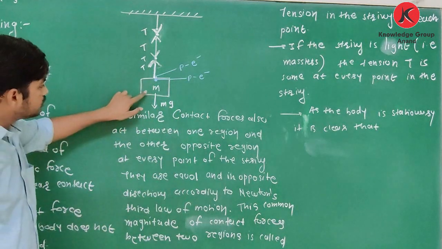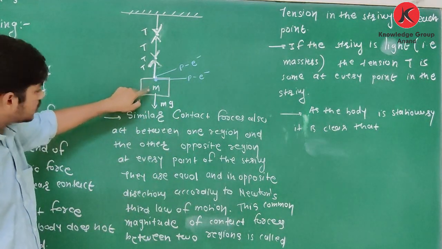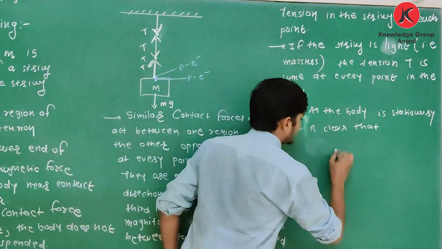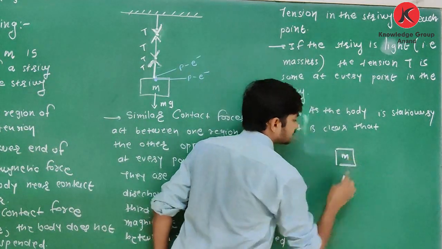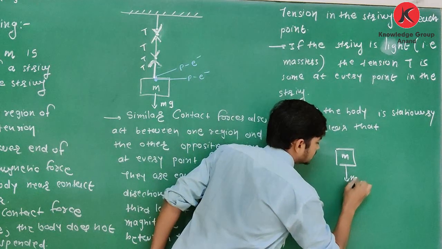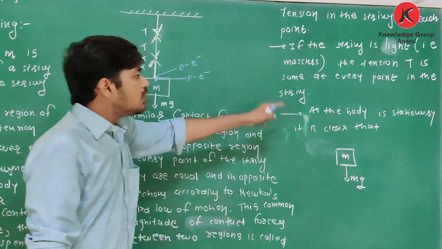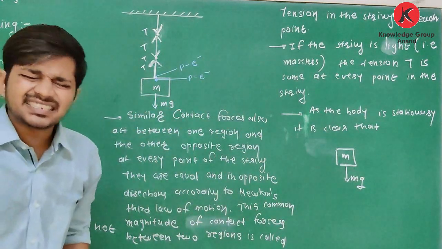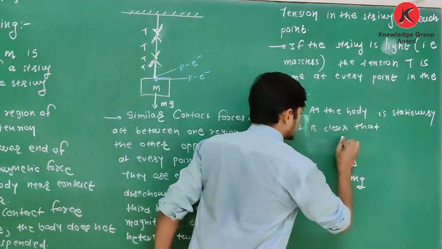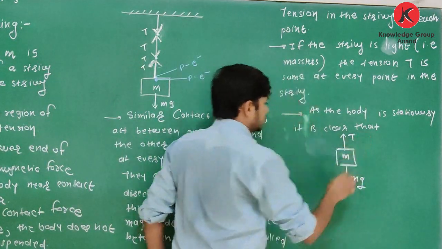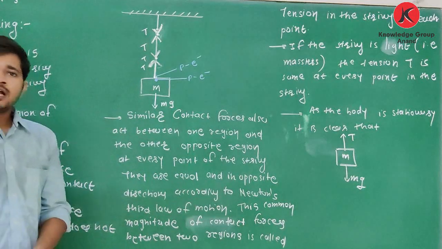So for this body, if I want to draw, I can draw like this. If it is mass, mg is acting in the downward direction. Now the body is stationary, so it is clear the tension on the string is in the upward direction.